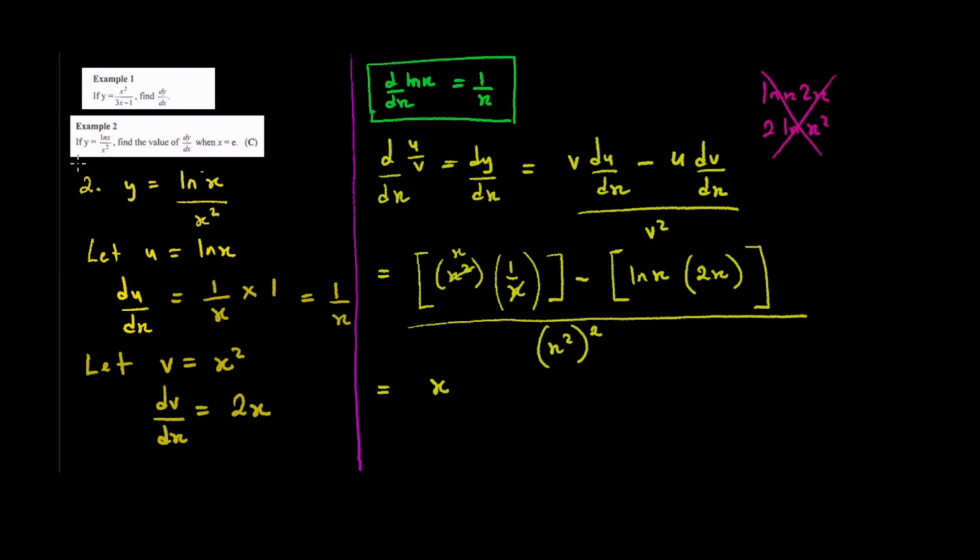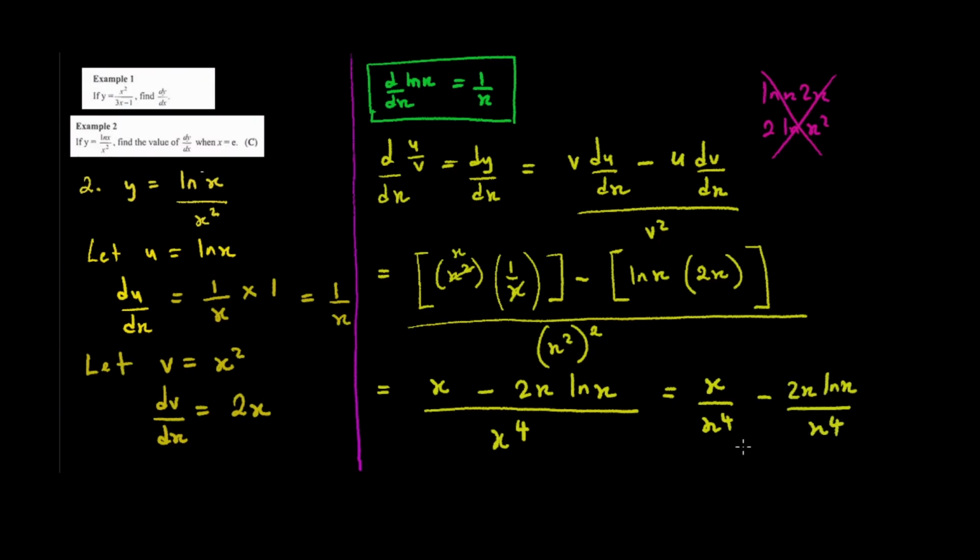No. Your correct answer here is simply going to be minus 2x ln x, like that. This is over, of course, we can put this as x to the 4. So here you can do it like this, since we have a shared denominator, you can write x over x to the 4 minus 2x ln x over x to the 4.